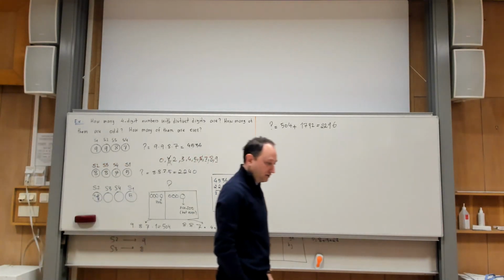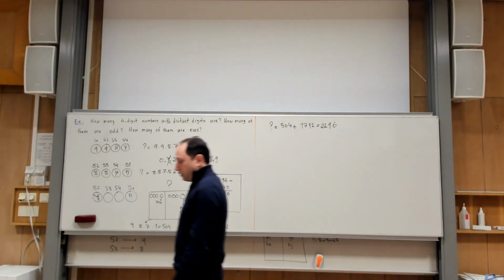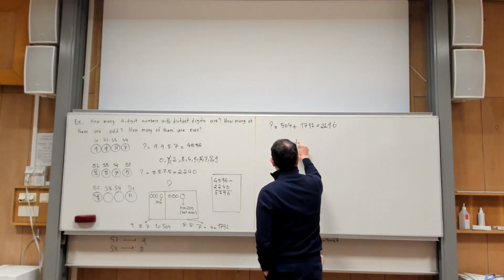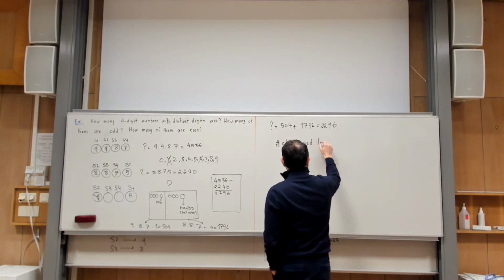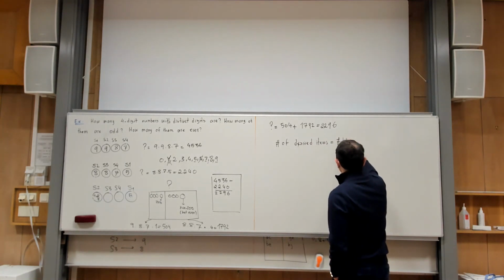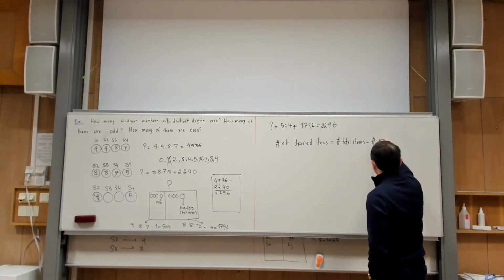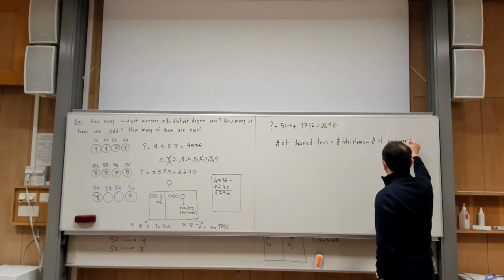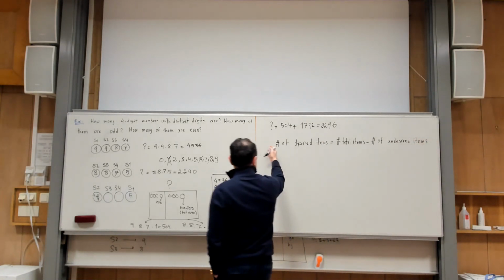If you want to calculate, the complement rule is this: the number of desired items is equal to the total number minus the number of undesired items. So that is called the complement rule, yes?